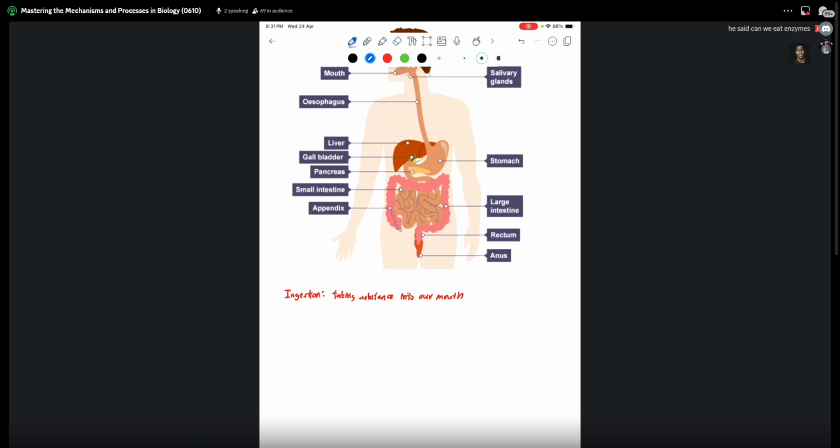If you don't remember, in means going in. So going into our body is by eating something. That's a very simple example. Now this will be mechanical or maybe physical digestion. So what does this mean? Mechanical means we do not use any sort of enzymes.